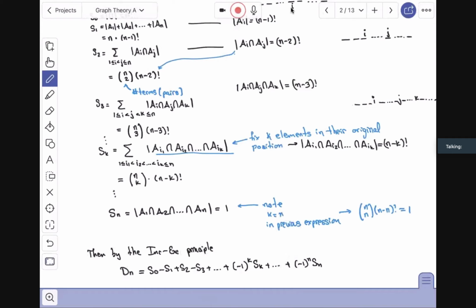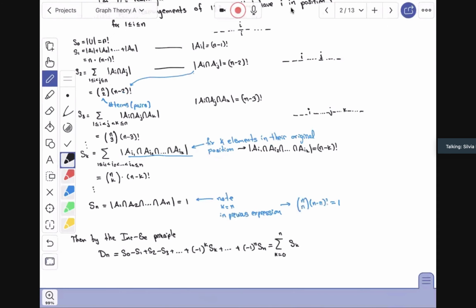So you can write this as the sum from k equals 0 to n of sk, so it goes with my general term.